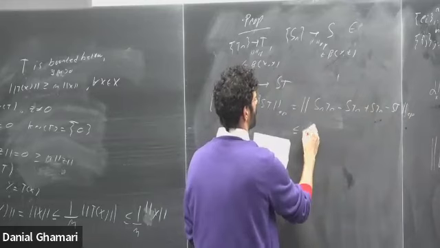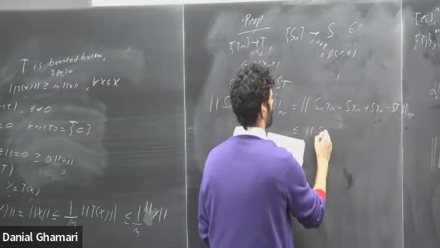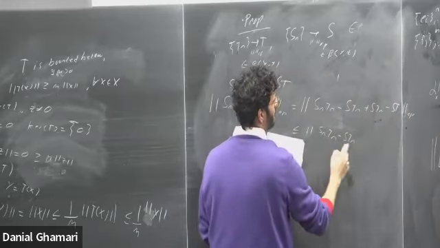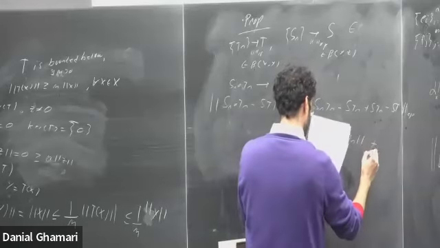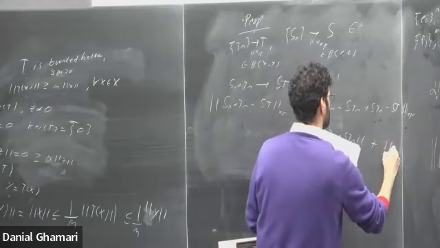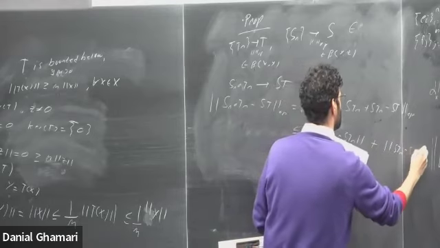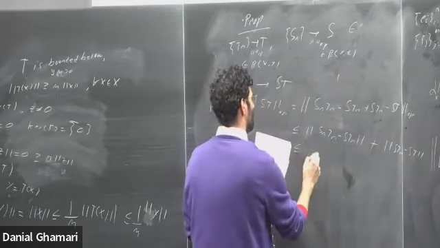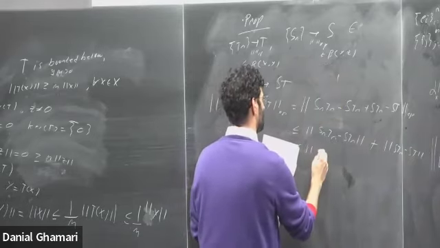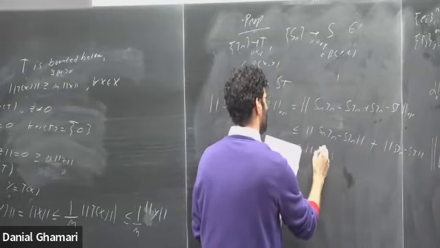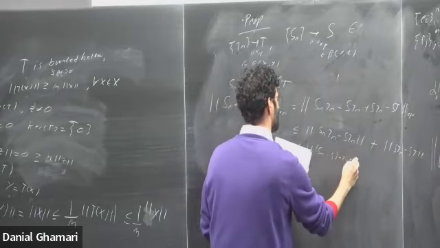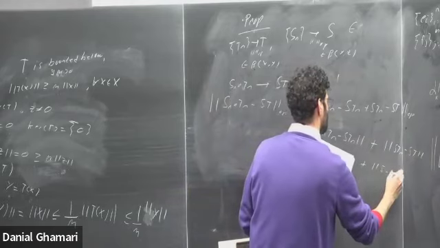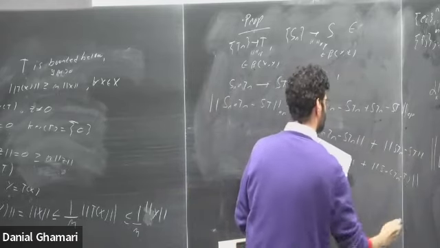We say that this is bounded above by the norm of SnTn minus STn, where we're going to try to factor out this Tn, plus the norm of STn minus ST. And then this is equal to Sn minus S.